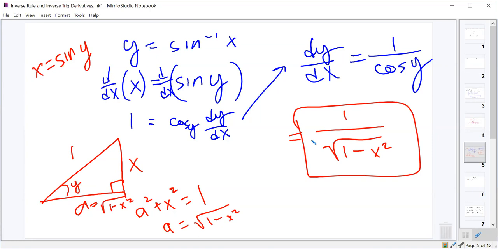Any issues with that? Could we apply the chain rule to that if we wanted to? Yes, we could. And do you think we could find the other 5 inverse trig functions' derivatives in a similar way?